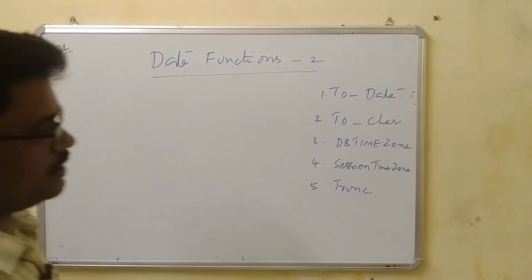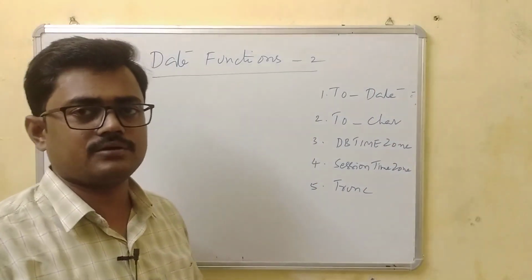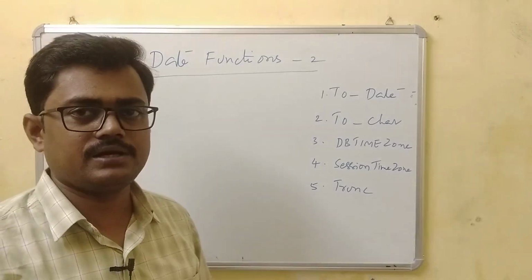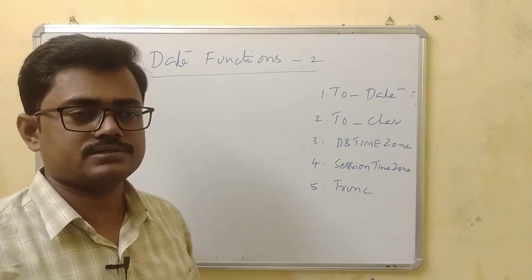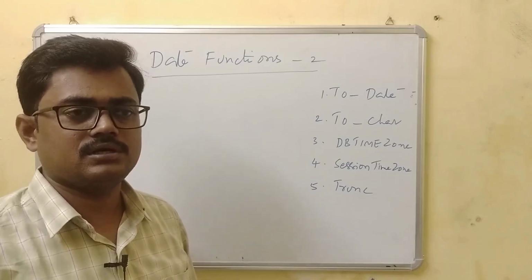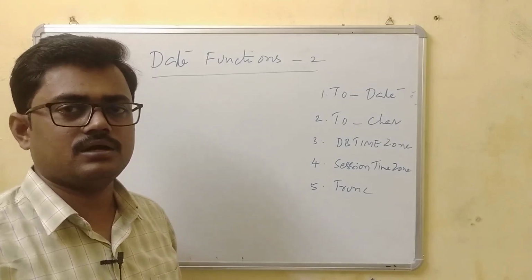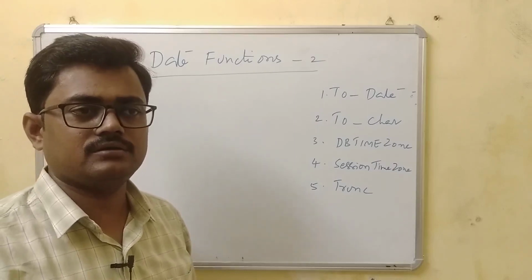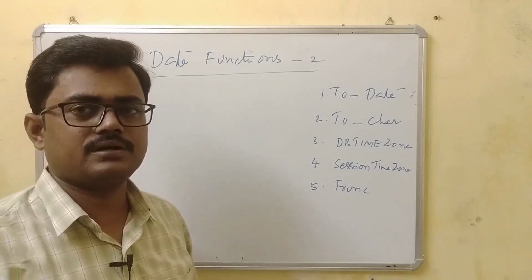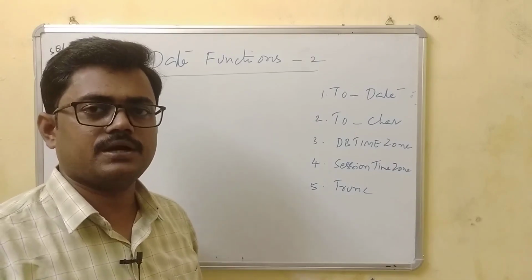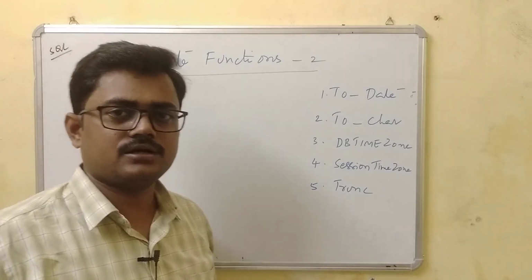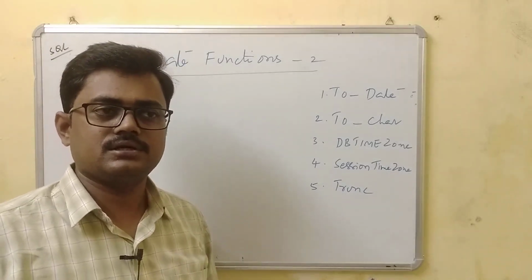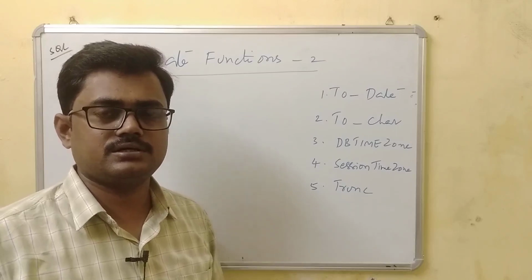So if anyone has not watched the previous videos, please go back to them. Not only the date functions, we have already explained all the functions like string functions, numerical functions, and the top concepts, very good concepts on SQL, like group by, having, and many commands, distinct operator, union operator, union all operator, intersect, how to work with the intersect, and how to work with all DDL, DML commands, DCL commands, and TCL commands.